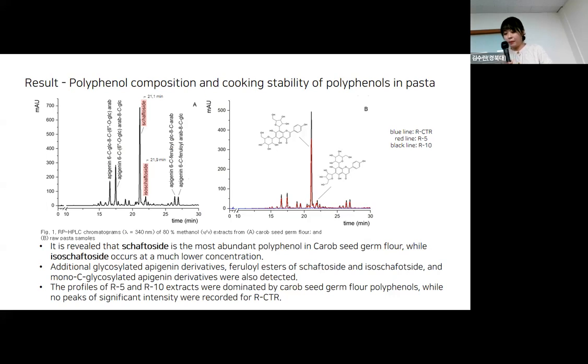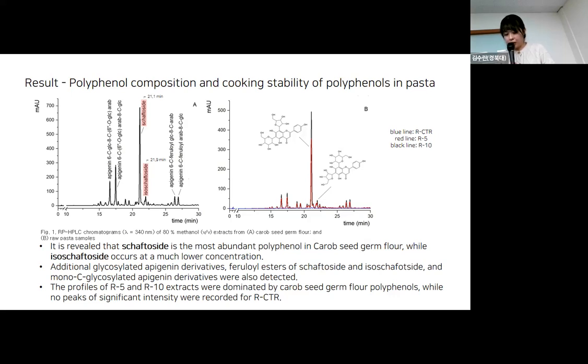And the HPLC chromatogram presented in figure 1B illustrates the polyphenol extraction obtained from raw pasta samples. The profile of R5 and R10 extracts exhibited the predominance of polyphenols from carob flour, whereas RCTR showed no peak of significant intensity.